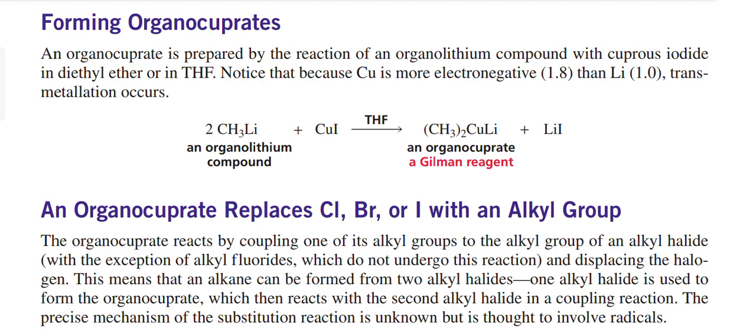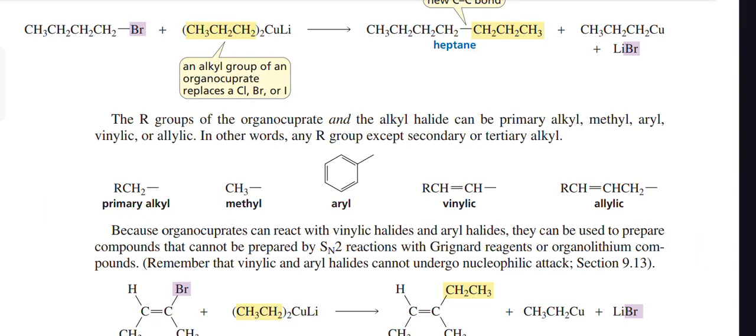This means that an alkane can be formed from two alkyl halides. One alkyl halide is used to form the organocuprate, which then reacts with the second alkyl halide in a coupling reaction. The precise mechanism of the substitution reaction is unknown but is thought to involve radicals.